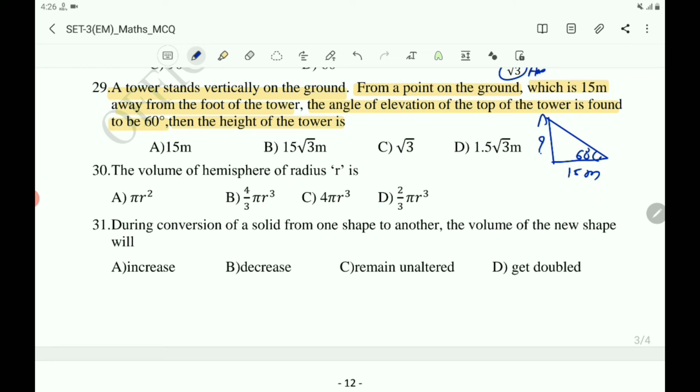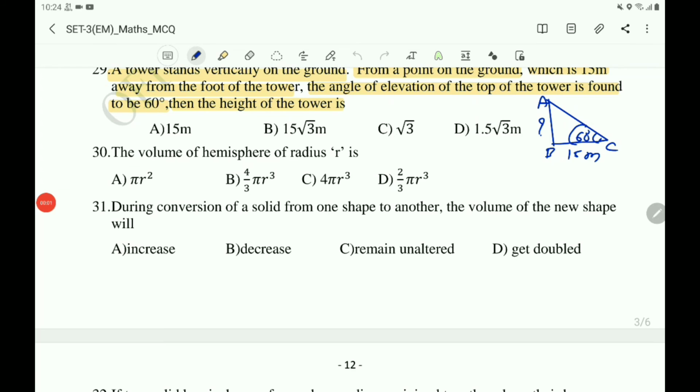Here what we have to find out, consider it is ABC. AB is the height of the tower. You know that tan theta is equal to opposite side by adjacent side, that is AB by BC. So tan 60 equals AB by 15.